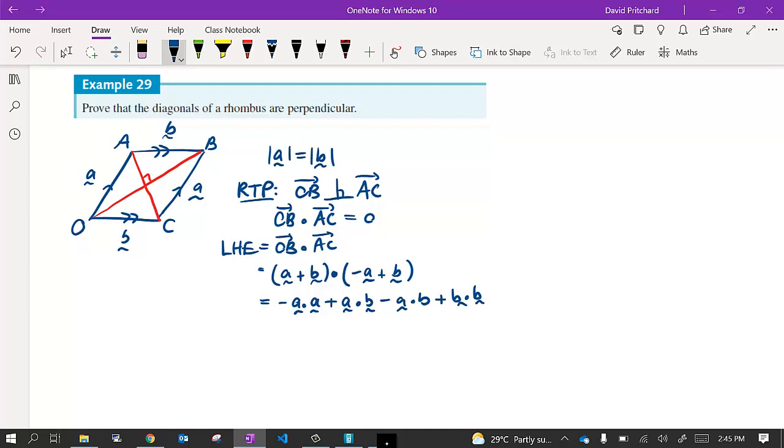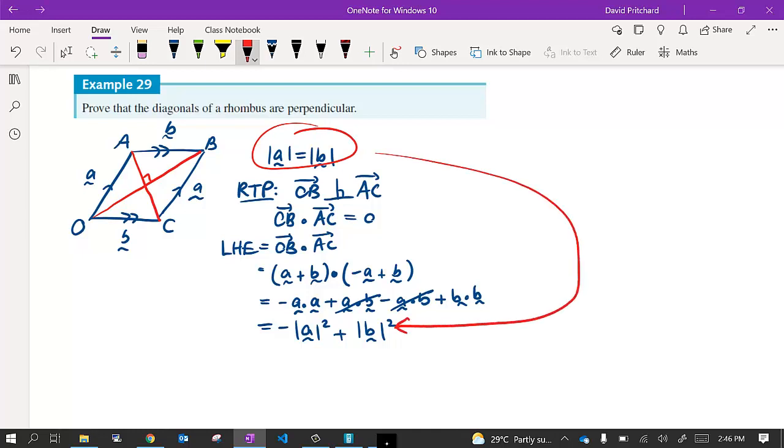Now these two can cancel out, they're the same. And we're left just with negative A dot A plus B dot B. Now remember, when we're looking at the dot product of a vector with itself, we can rewrite that as the magnitude squared. So we're looking at negative magnitude of A squared plus magnitude of B squared, but we know up here that they're equivalent.